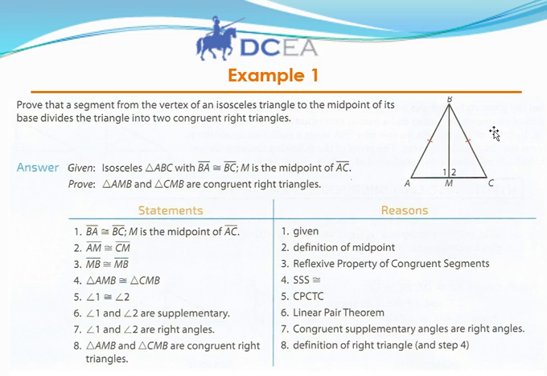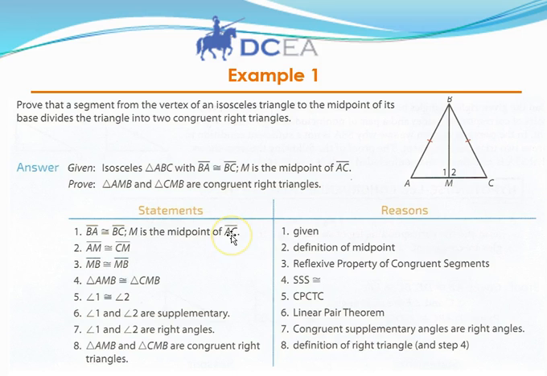So we're given the isosceles triangle ABC. It has sides BA and BC that are congruent. We're told that M is the midpoint of AC. We're going to prove these two right triangles. So I'm placing the given in my first statement, and I'm going to write what we have to prove in the last statement.